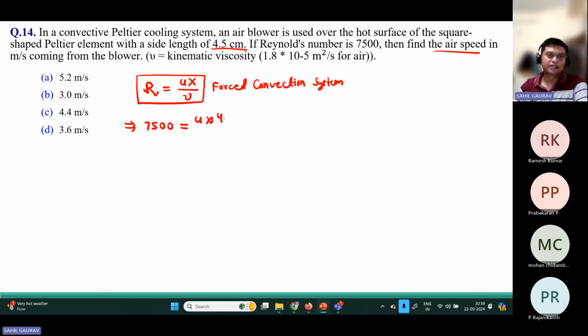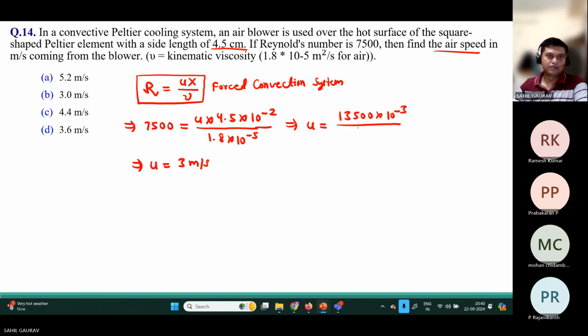So this will be the characteristic dimension, 4.5 into 10 to the power minus 2, and then kinematic viscosity is given as 1.8 into 10 to the power minus 5 meter square per second. So if you simplify it, you will get U as 3 meter per second. So from here, you will get U as 13500 into 10 to the power minus 3 upon 4.5. So the correct answer is B.